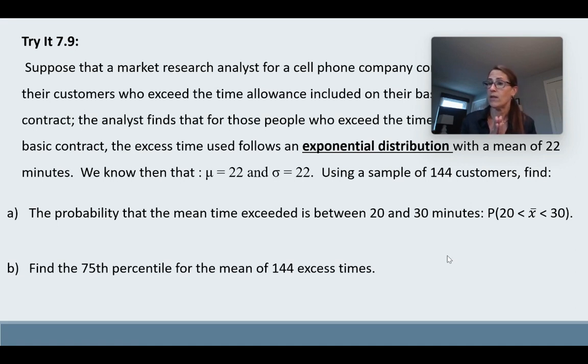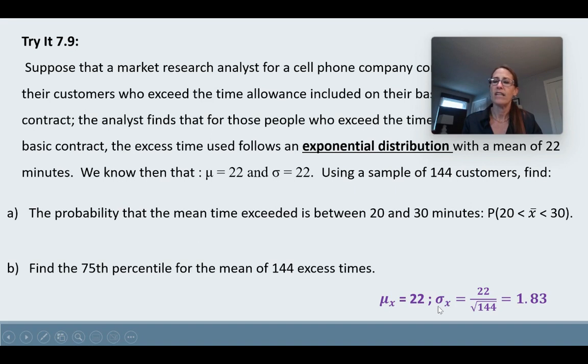So, central limit theorem. We don't care that it came from the exponential distribution, though that does help us know something about the mean and the standard deviation. Because we're looking at sample means, we can use the normal distribution. This is a between problem. So the first thing we have to think about is our new mean. For means, it's the same as the original mean.